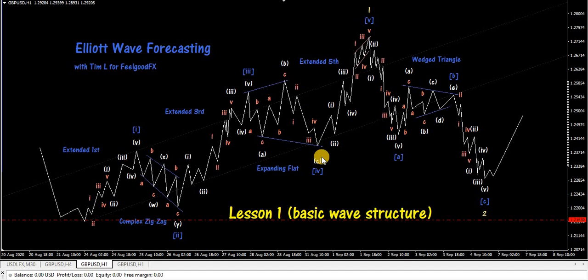A C wave is basically your third wave, and when you're in an impulse, your third wave is generally the strongest. So your third wave is very, very impulsive, and you'll normally find that a C wave has a 5-wave structure. So whenever you've counted a 5-wave structure, just look, where did this 5-wave structure come from?